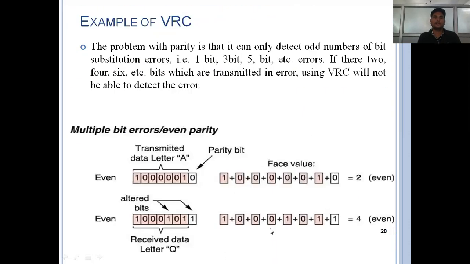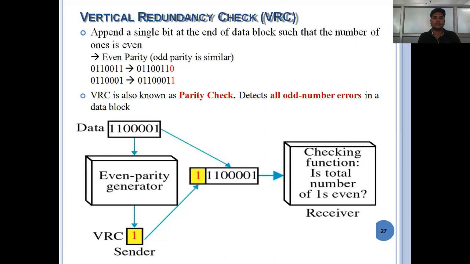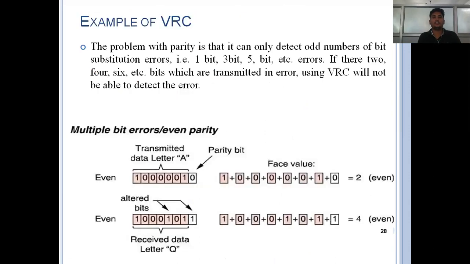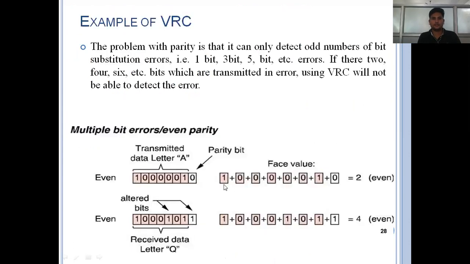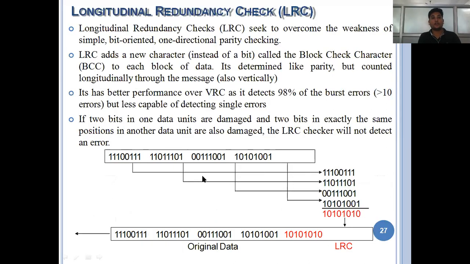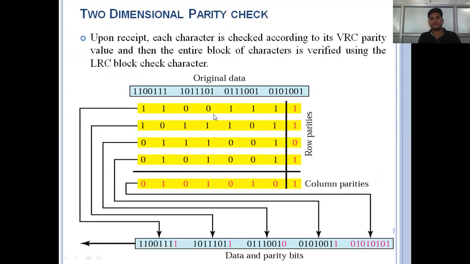What happened here is, in the vertical redundancy check or parity check, only an odd number of bits are checked. But in the longitudinal redundancy check, every number is checked vertically and the total is also checked.